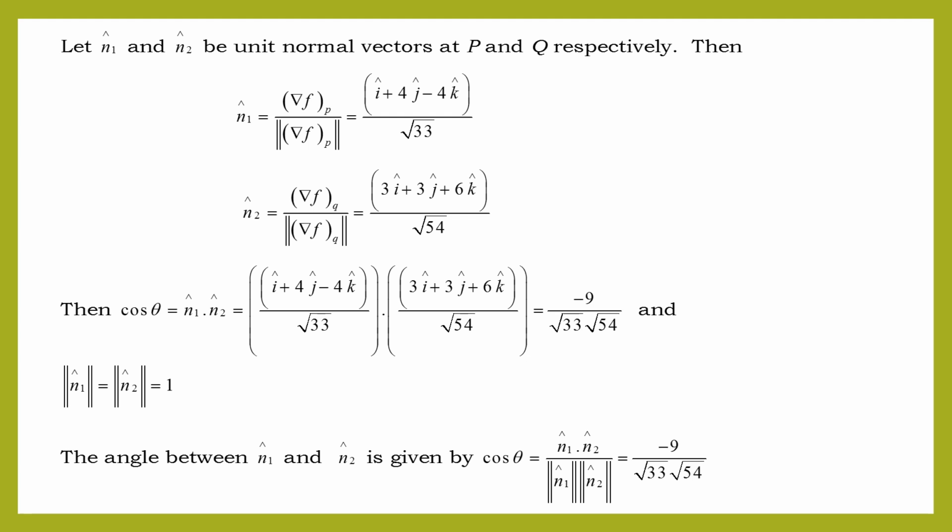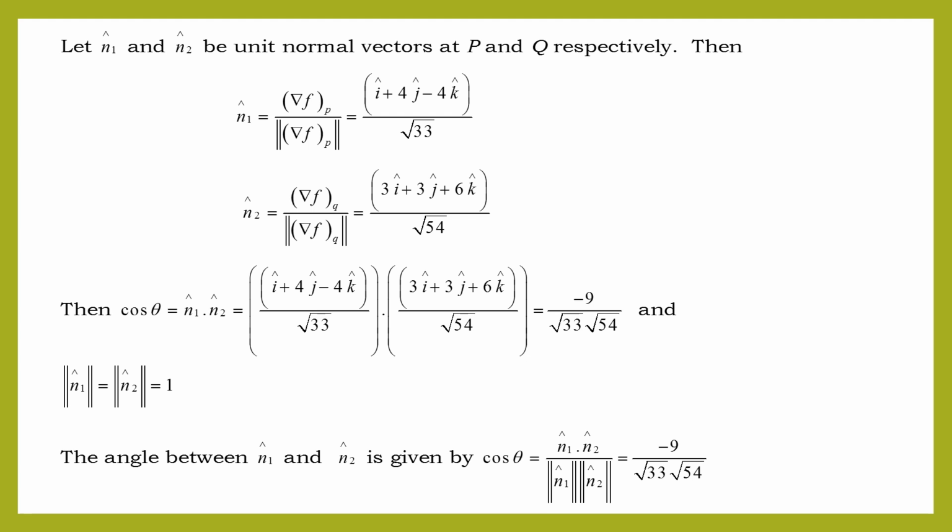If we want the angle between these two unit normals, what do we have to do? We have to apply the angle between two vectors formula. The angle between n1 and n2 is given by cos θ = n1 · n2 divided by (norm n1 times norm n2).